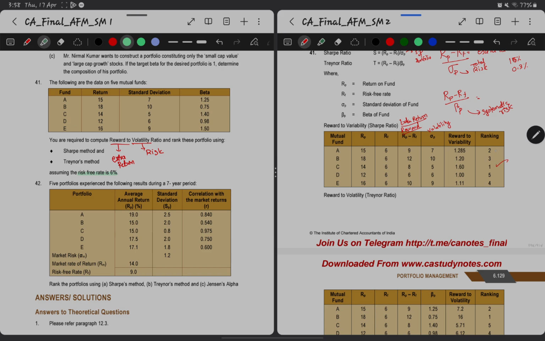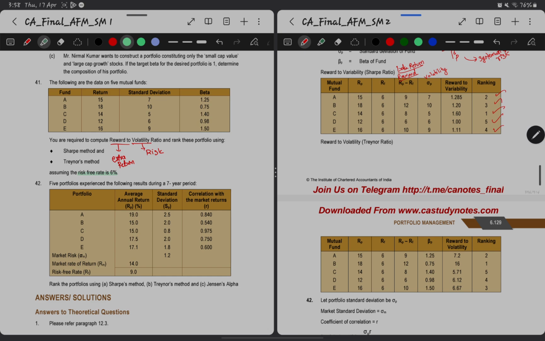But if you go to the second one, mutual fund A is giving only 1.28, and the third one, B, is giving only 1.20 for every 1 unit of risk, and E is giving 1.11 percentage for every 1 rupee. Same case goes with D. Now this will be the ranking.